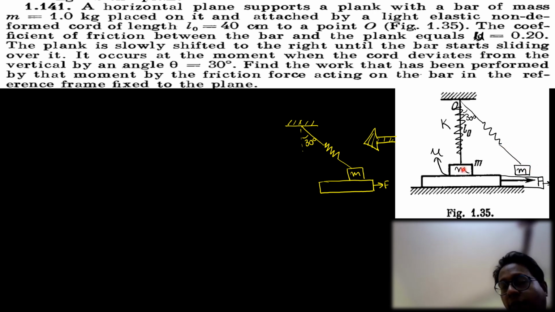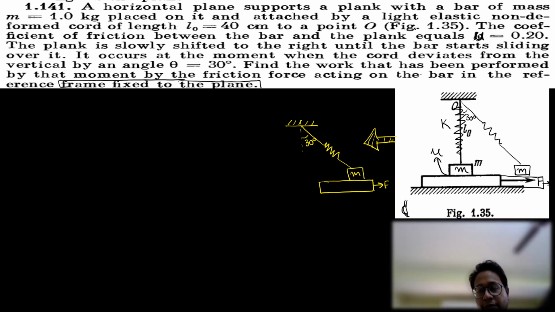Find out the work done by the friction force in taking the block from here up till here, from the frame of reference of someone sitting on the ground, that is, from the frame fixed to the plane. That means what? Work done and kinetic energy, all these terms are dependent upon the frame of reference.